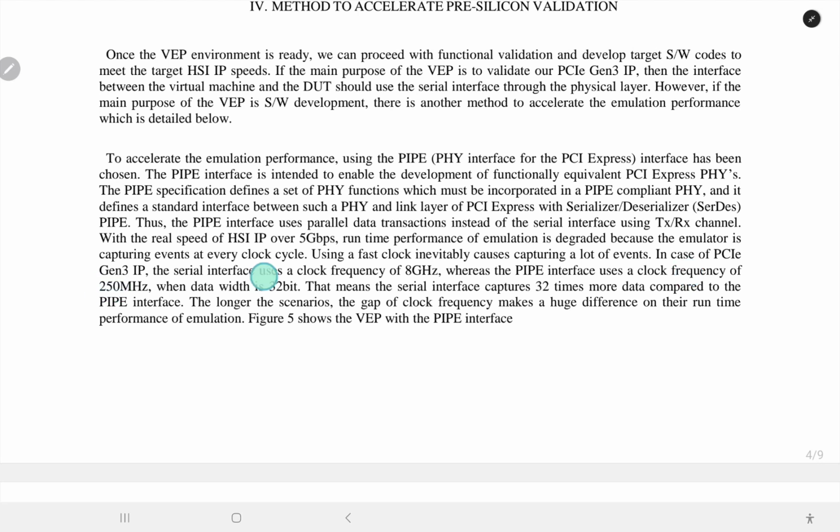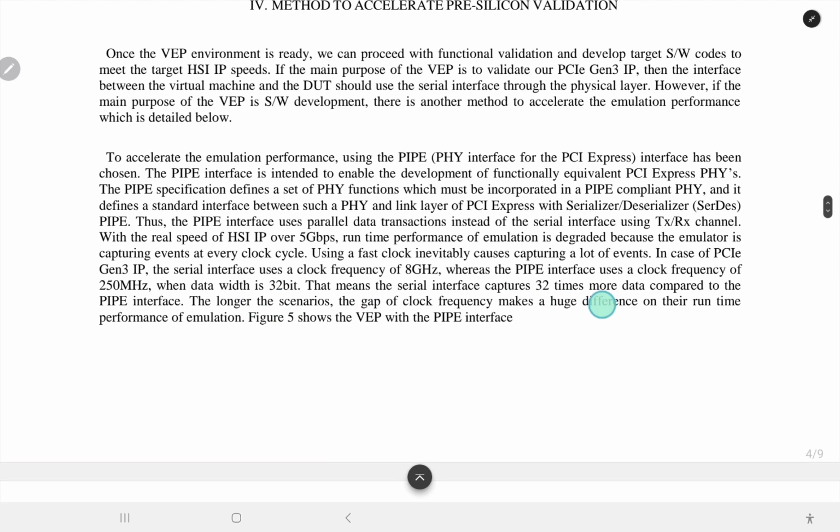When the data width is 32-bit, that means the serial interface captures 32 times more than the PIPE interface. The longer the scenarios, the gap in frequency makes a huge difference in the runtime performance of emulation.